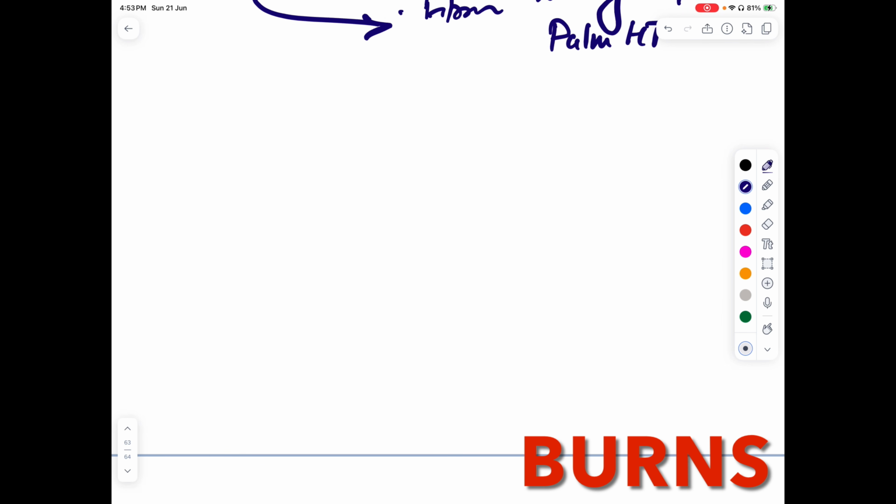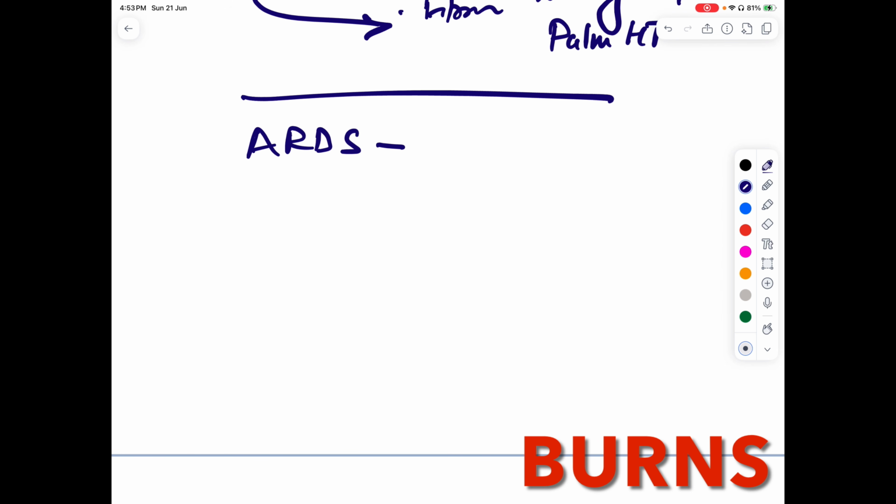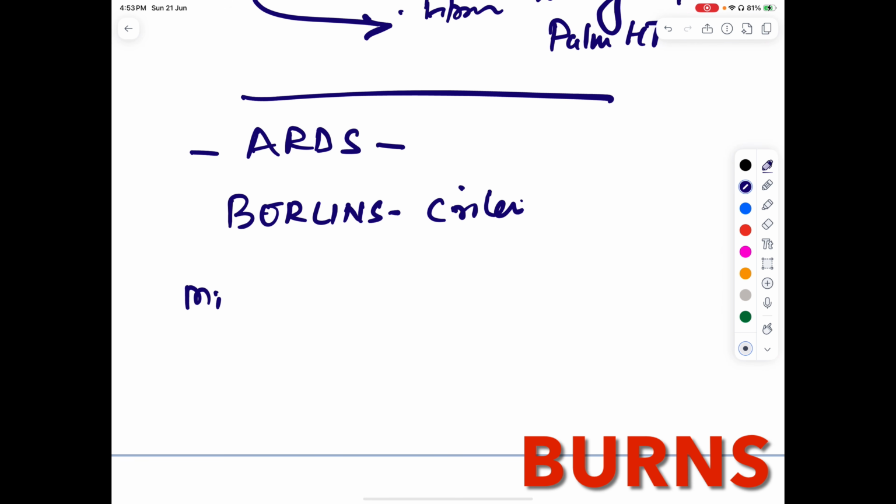ARDS severity can be evaluated by what is called the Berlin criteria. So it can be mild, moderate, and severe. It explains the survival rate.